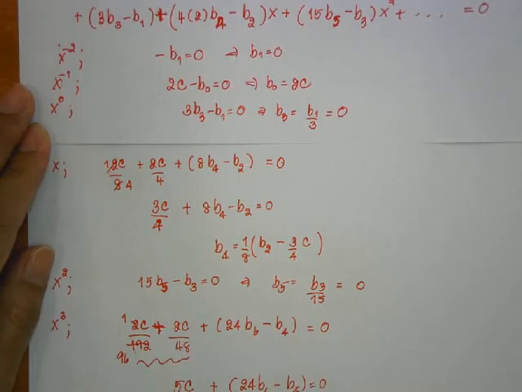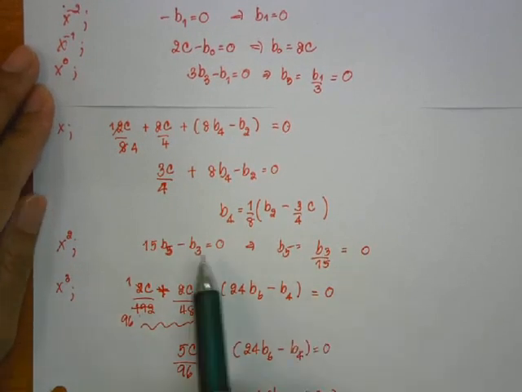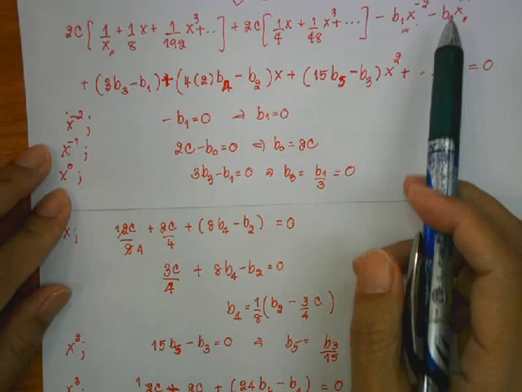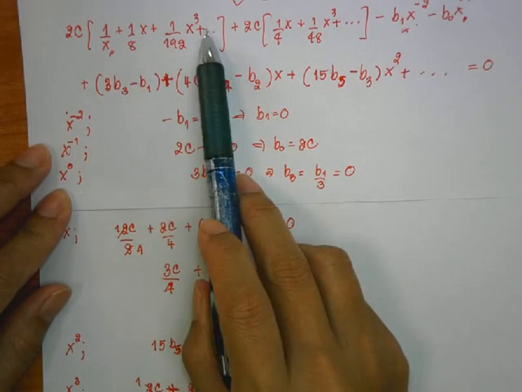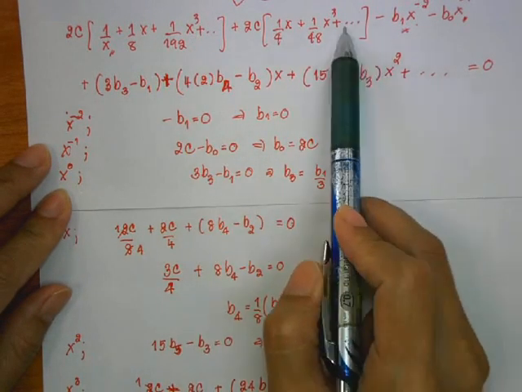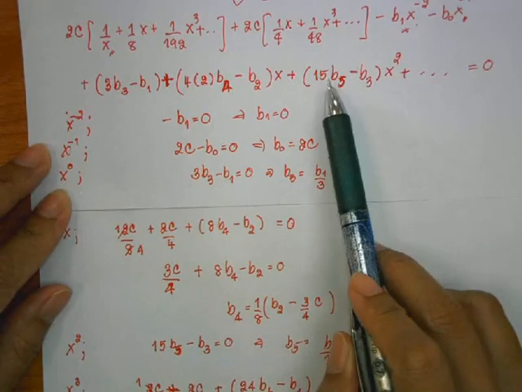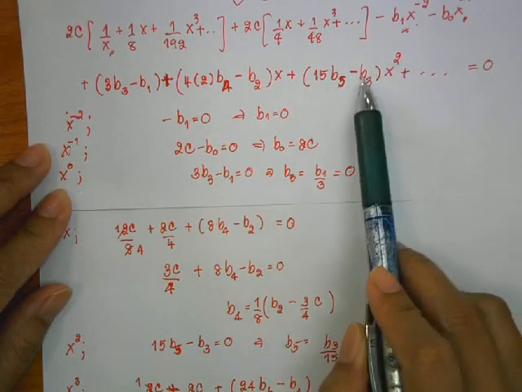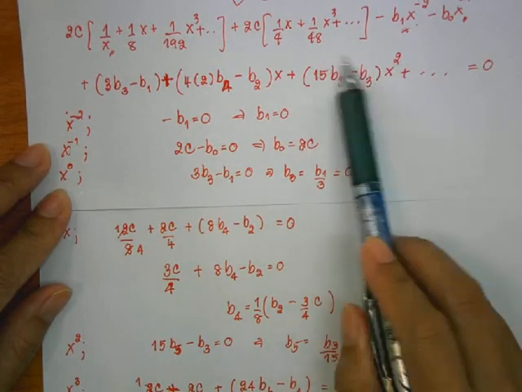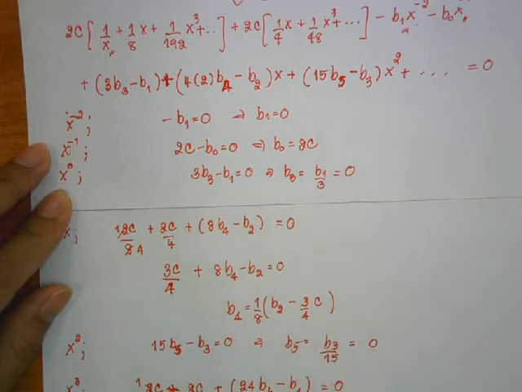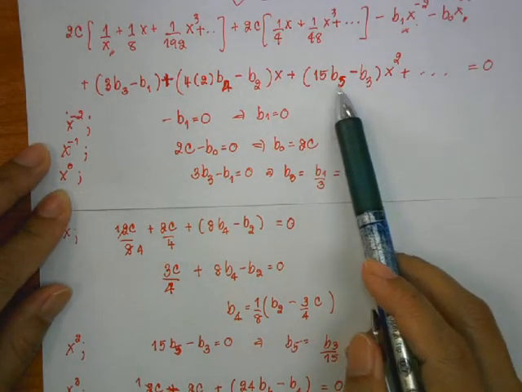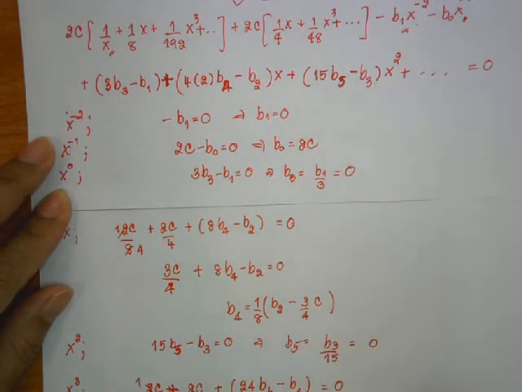Oh sorry, x to the power 2. Next is x to the power 2. This term we don't have, this term we don't have. For x to the power 2 we have only the terms from the summation. So we get 15b5 minus b3 equal to 0.